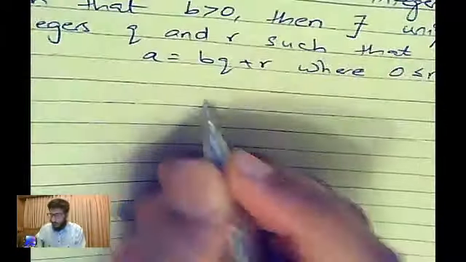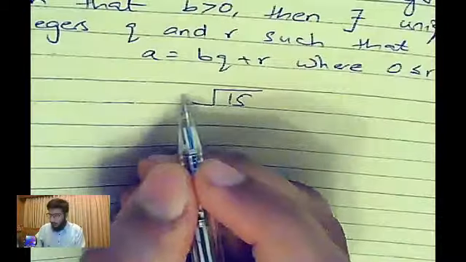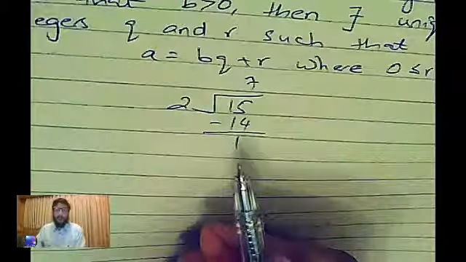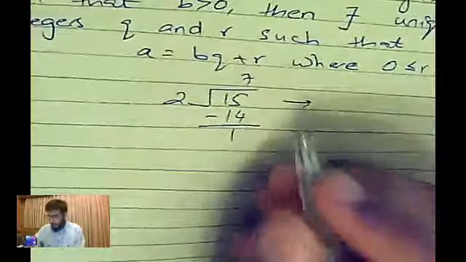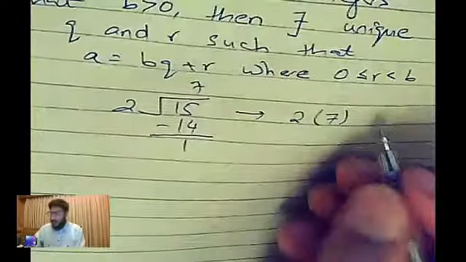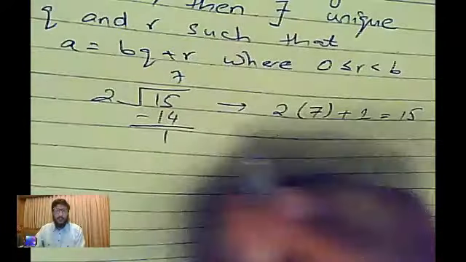For example, if I was to say 15 divided by 2, I would say 2 sevens are 14, and this is what we come up with. We can also say that 2 multiplied by 7 plus 1 equals 15.